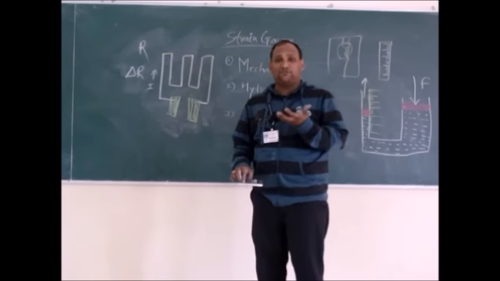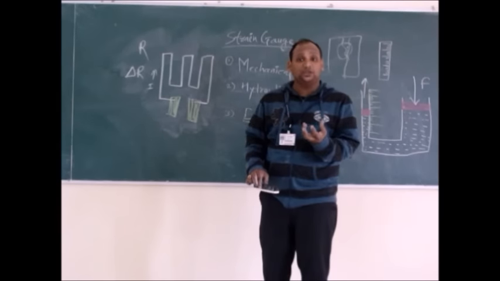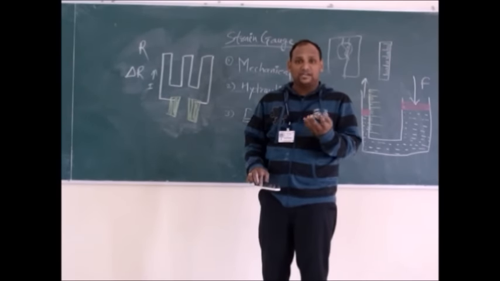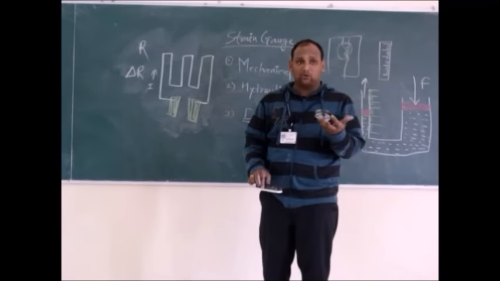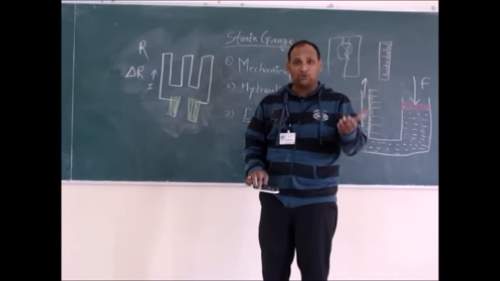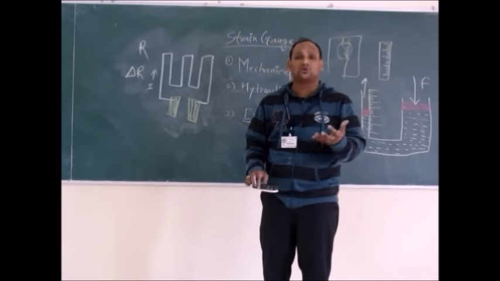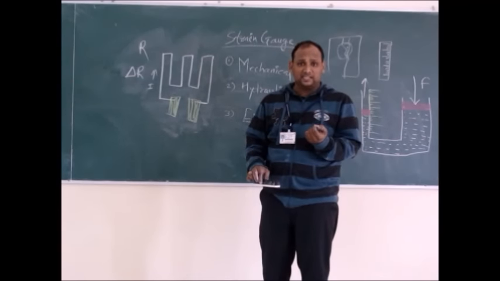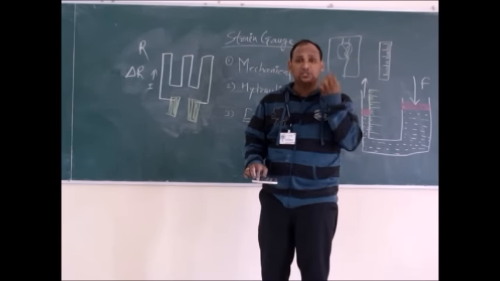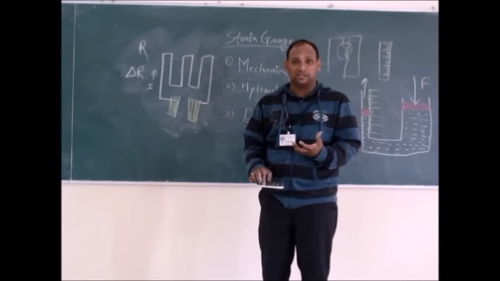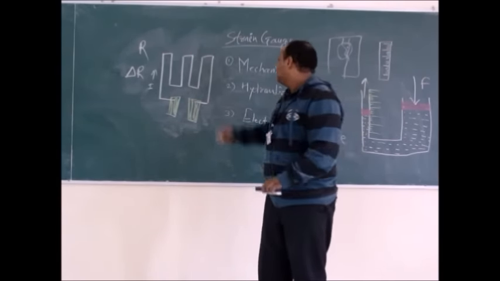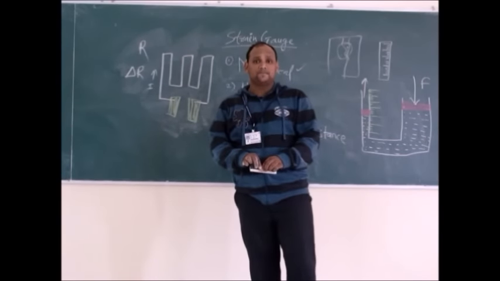And this type of strain gauge is very useful in cases of aeroplanes or cars or such huge designs where a high amount of force is applied, a high amount of force is to be dealt with. So in that case, this minute observation is very useful, my dear friends. So this is with strain gauges.